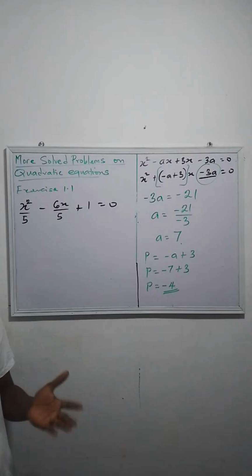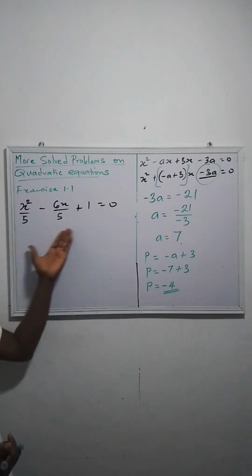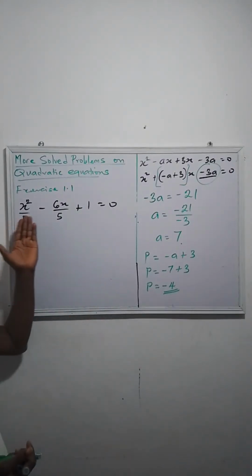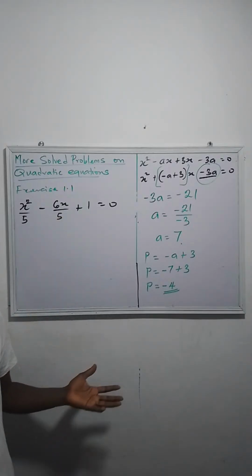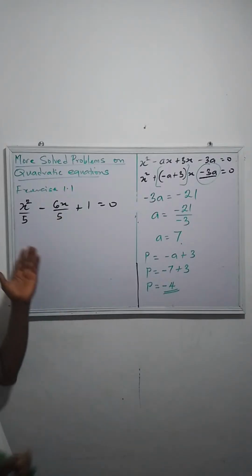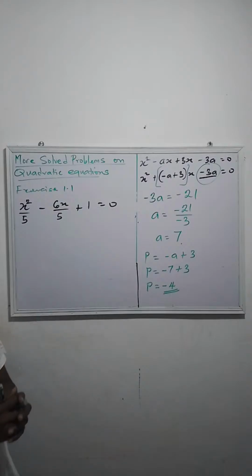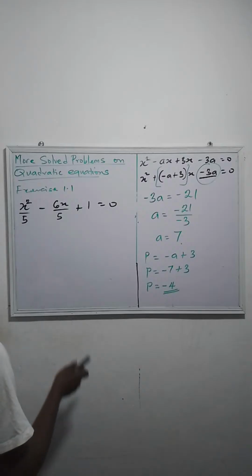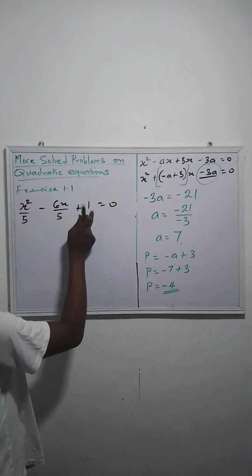The first thing is to clear the fraction. How do you clear the fraction? You look at the denominators and find the LCM. So you multiply each of these terms by the LCM of the denominators. The LCM of the denominators here is 5. So that will help us clear the fraction. You multiply each of them by 5.